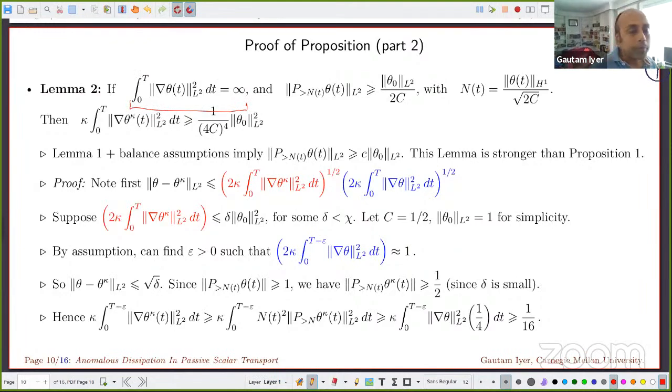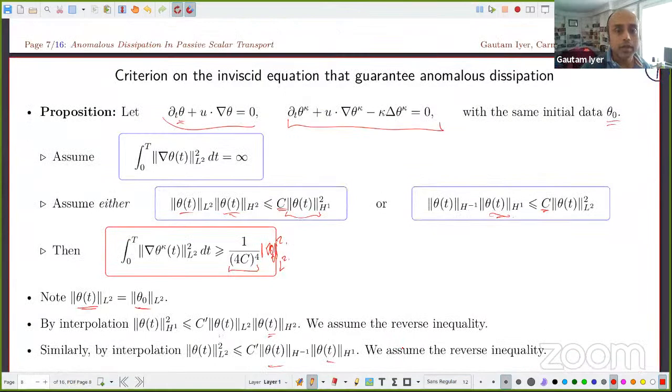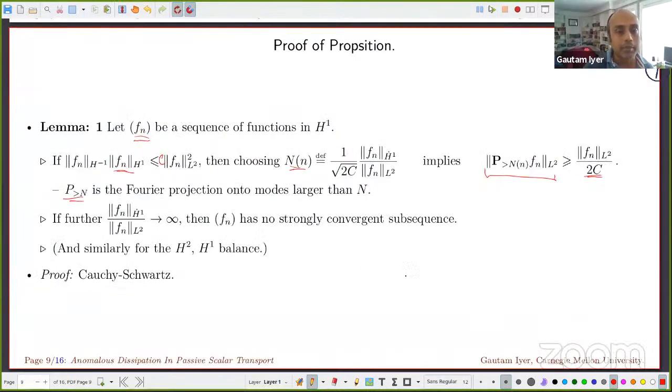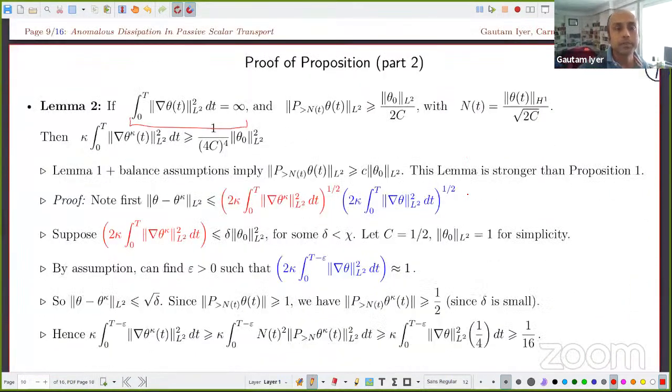But in the proposition, I have these balance assumptions between the product of L2 and H2, or the product of H minus 1 and H1. Let me replace that with what I've learned from the lemma. If I had those balance assumptions, then I know that I retain some energy in the high Fourier modes. Let me just make that an assumption.